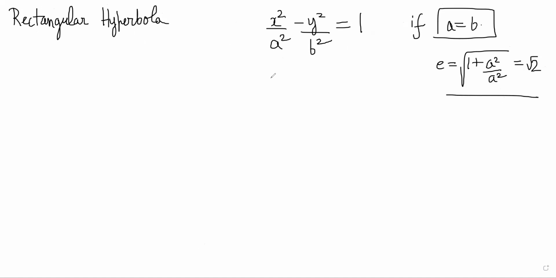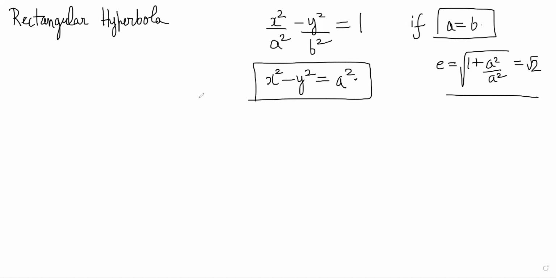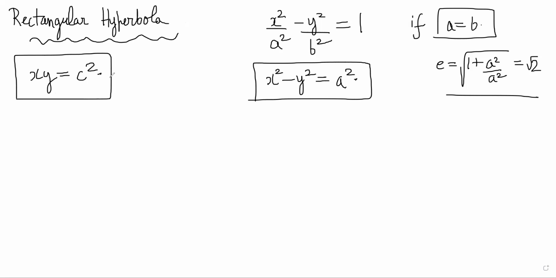And the equation looks like this: x square minus y square is equal to a square. So that is your rectangular hyperbola, but sometimes you will see that they write rectangular hyperbola like this. You might have seen this as an alternative form of rectangular hyperbola, right?